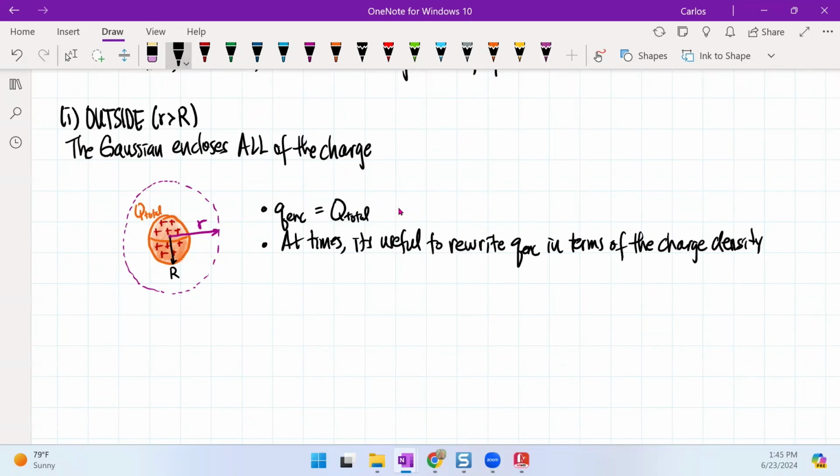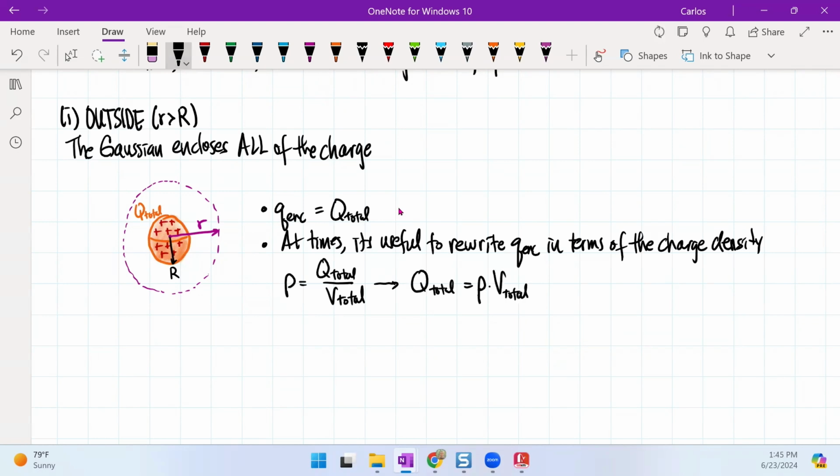In other words, if I look at rho, it's the total charge over the total volume, which then tells me I can rewrite the total charge as rho times the volume.